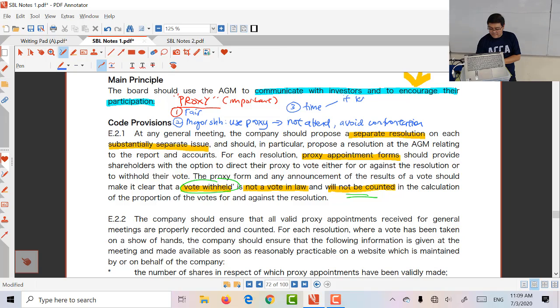If we know that a resolution is carried because of the proxy votes, we can begin to plan earlier.